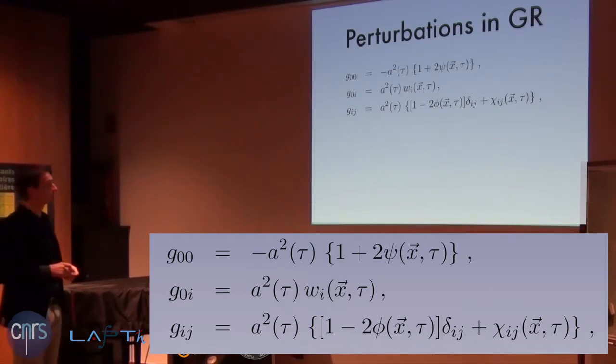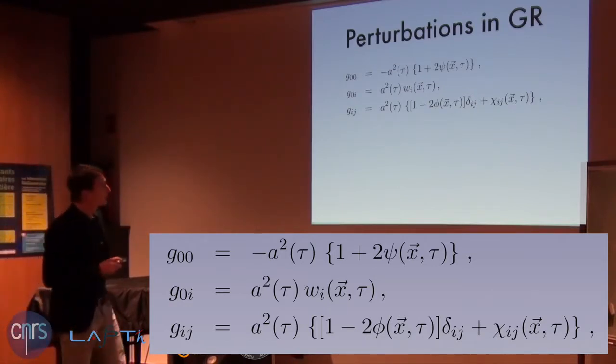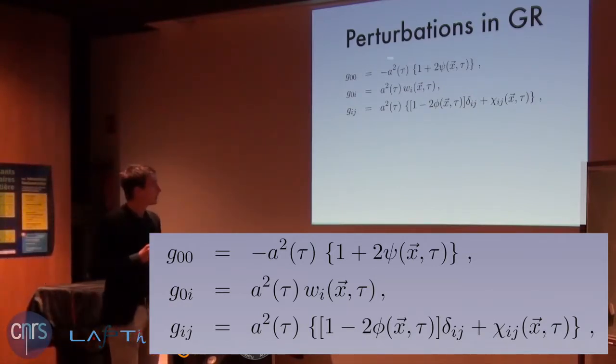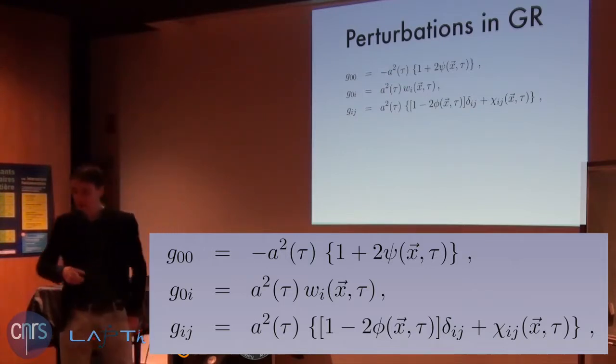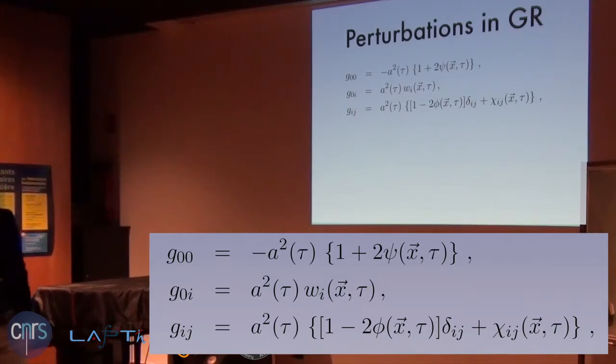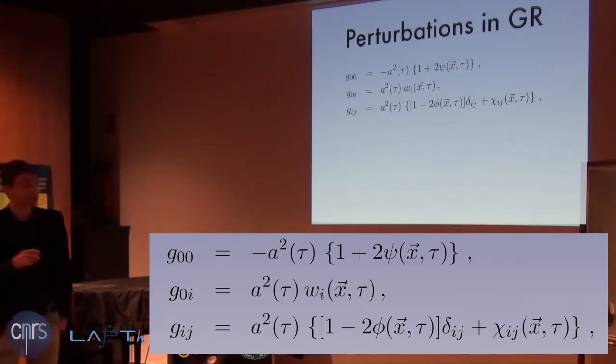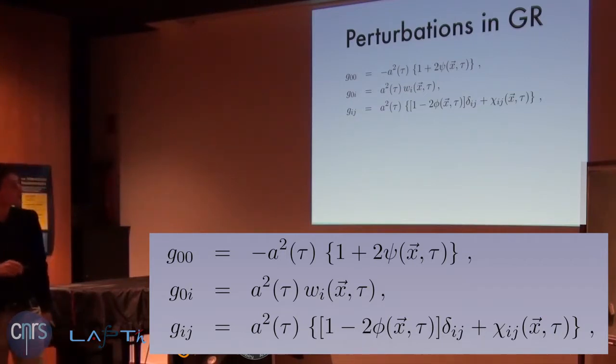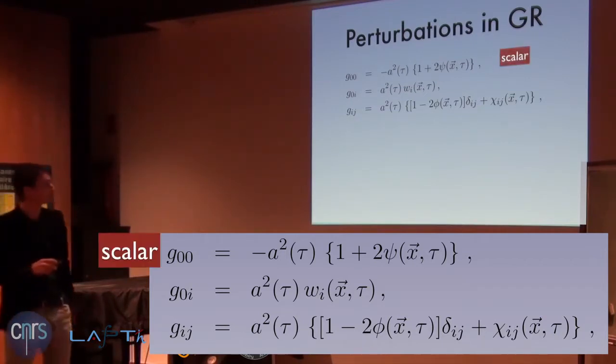So let's compute what the perturbations look like. And in fact, I want to point out that all these perturbations, the perturbations in the scalar field and the expansion rate itself, will seed perturbations in the metric. So in the space-time. And I wanted to point out what are the different components in the metric that you can use for perturbations.